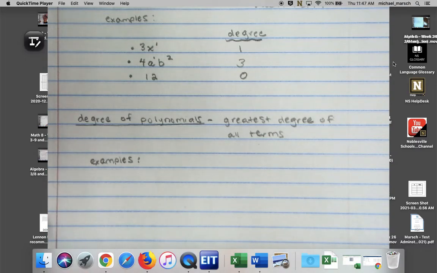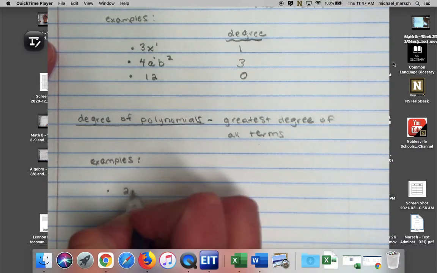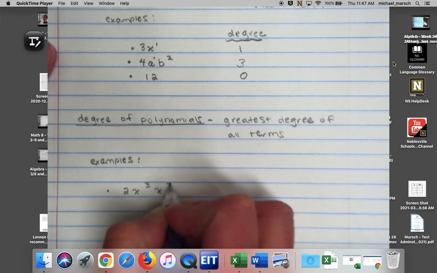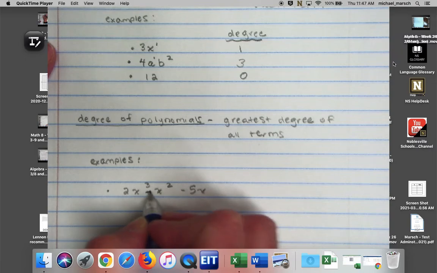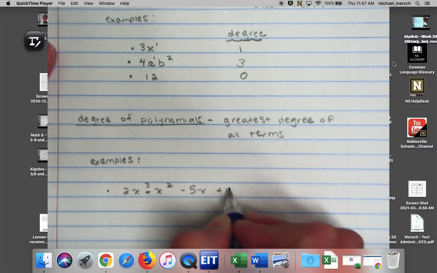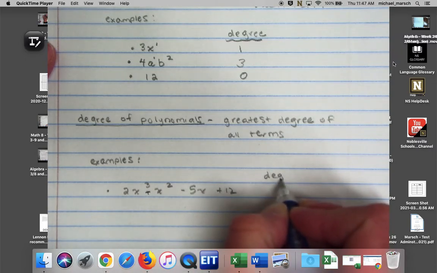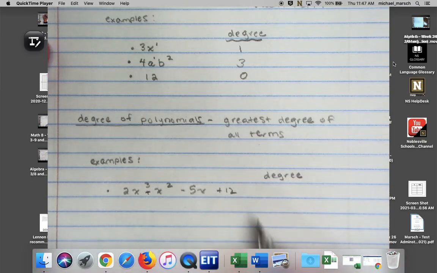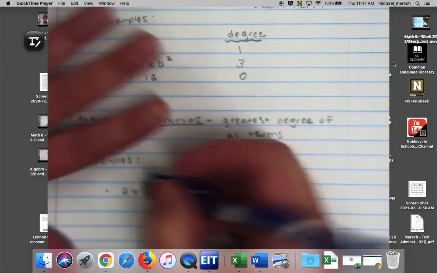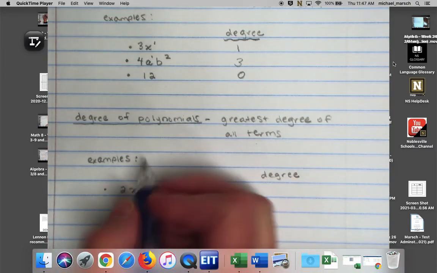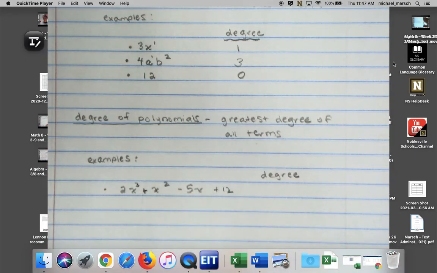Okay, so if I give you this example, if we have 2x to the third, x squared minus 5, x to the third plus x squared minus 5x plus 12. I have a lot of terms here. I'm going to move that 3 because it's kind of hanging out by itself. There we go.